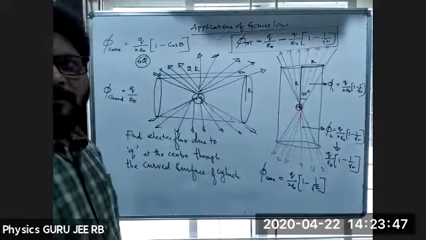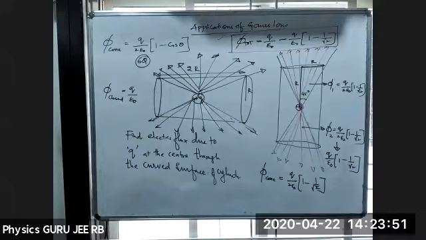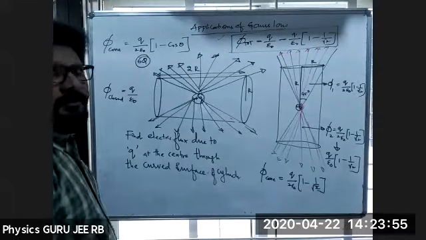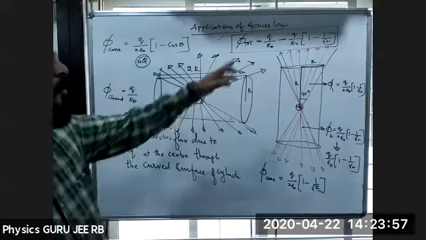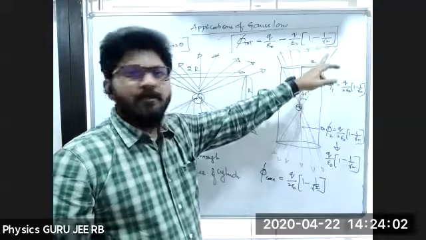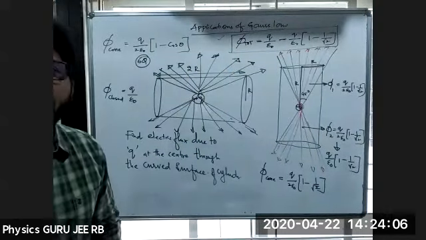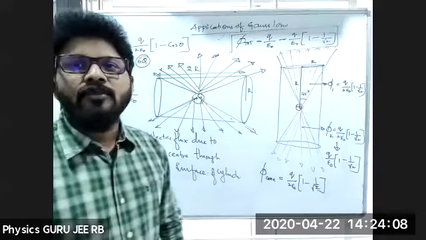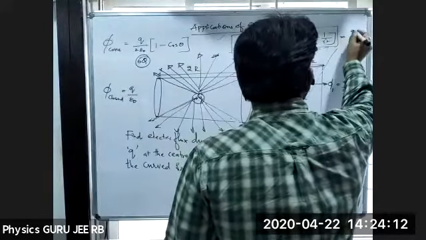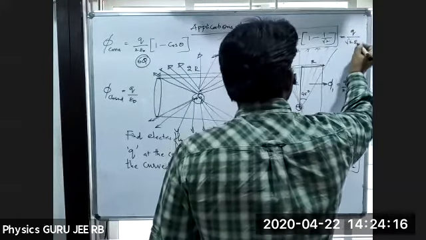Further you can even simplify that one. If you want to simplify, we'll get the final expression Q by epsilon naught minus Q by epsilon naught, minus of minus, Q by root 2 epsilon naught. The final answer is Q by root 2 epsilon naught.